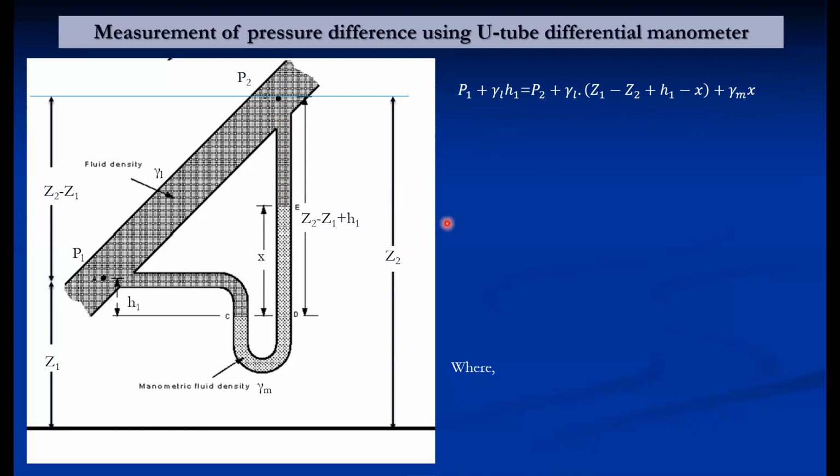Then plus gamma M into X, which is the pressure exerted by this manometric liquid column. So this is the total pressure.